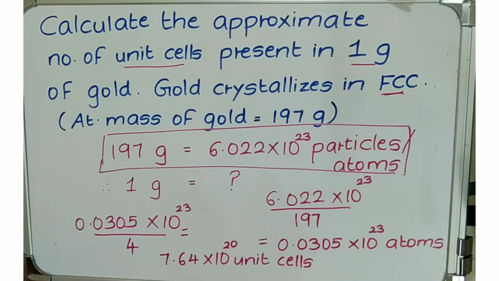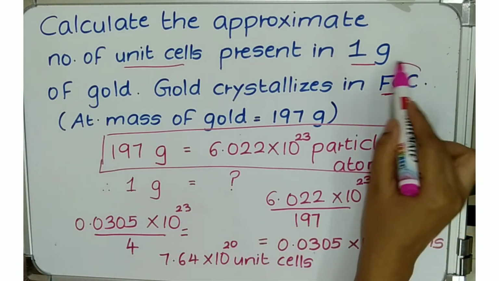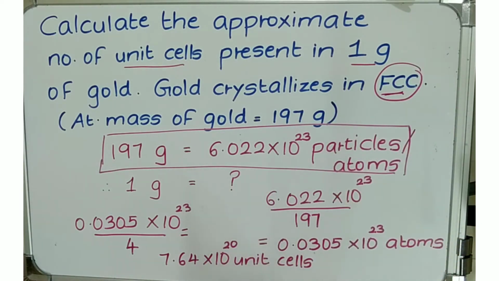So we found that. Then what is given? FCC. Correct. So to find number of unit cells, you have to divide the atoms by that number. If it is FCC, it is 4. BCC means it is 2. So you get the final answer. So this is one type of sum in solid state. Let's do the next type of sum.